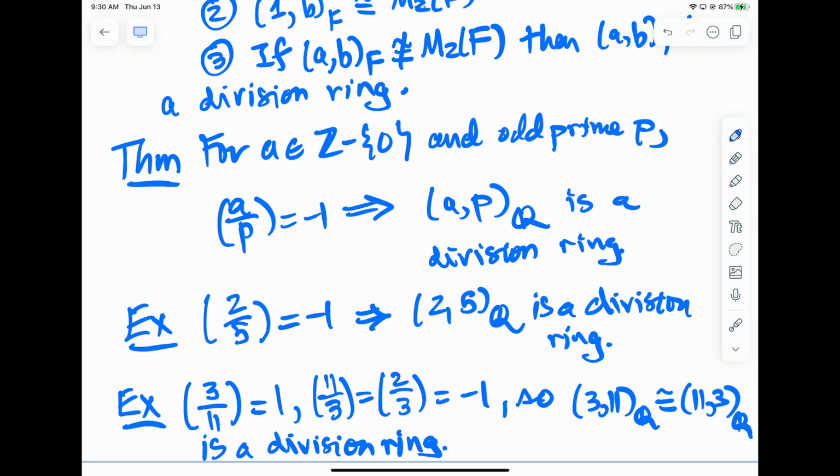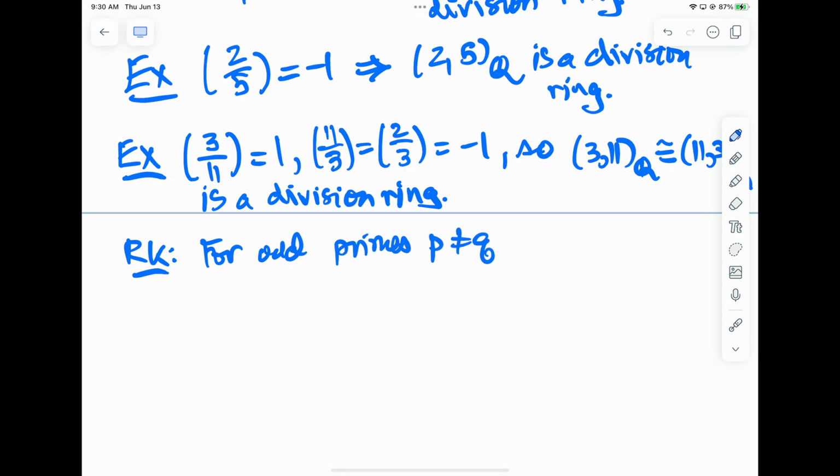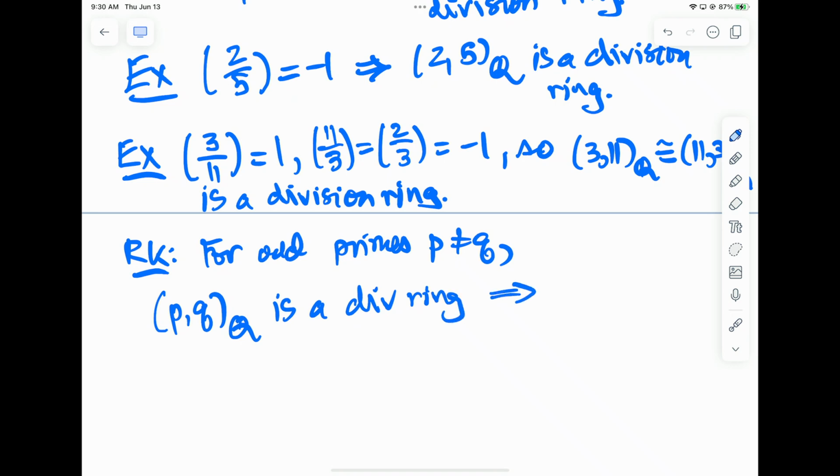All right. And it turns out, actually, that if you have odd primes P not equal to Q, this construction is a division ring if and only if one of these Legendre symbols is -1.